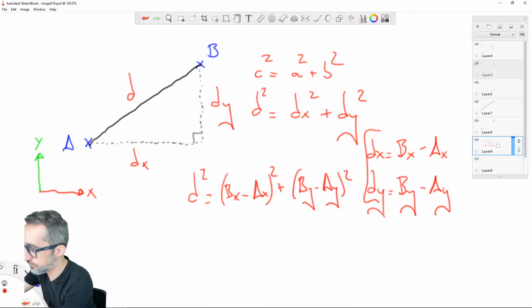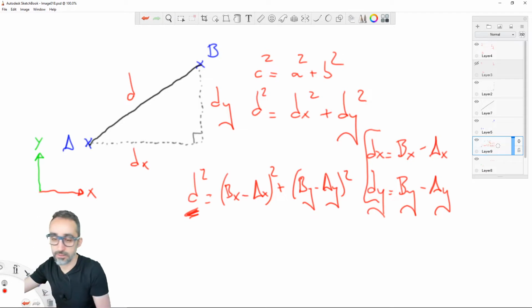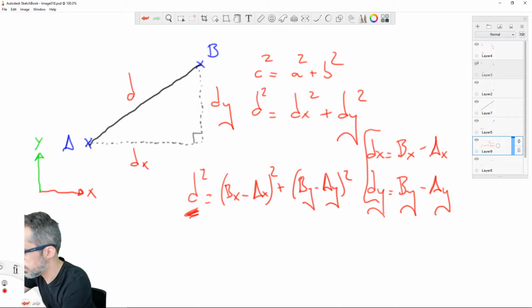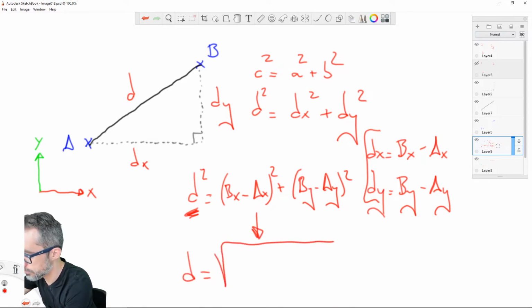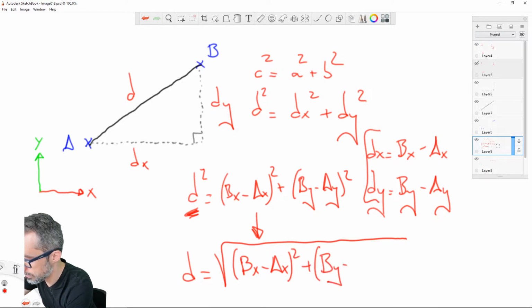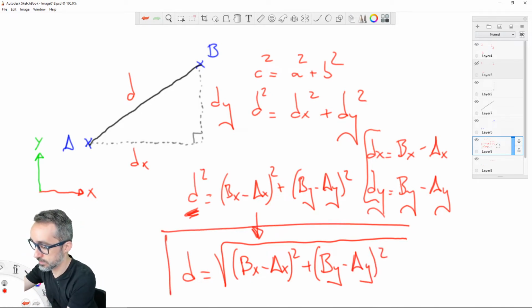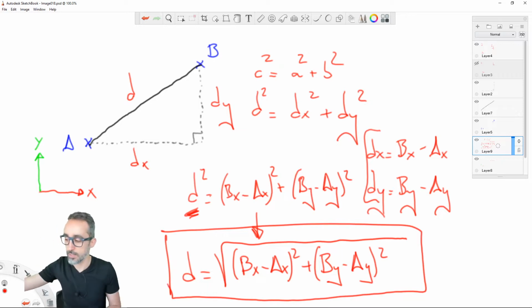If what I'm trying to find is this value, then the only thing left for me to do is to say d is equal to the square root of everything that I just described: bx minus ax squared plus by minus ay squared. This is the formulation that I need in order to find the distance between those two points in two-dimensional space.